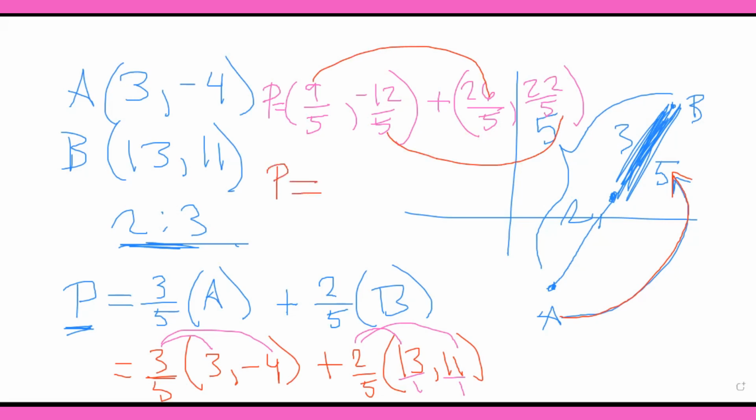So my 2 x's, 9/5 plus 26/5. 9 plus 26 gets me 35/5. That's looking like a nicer number now. And then with my y's, negative 12 plus 22, or we could think about 22 minus 12, that is a positive 10 fifths.